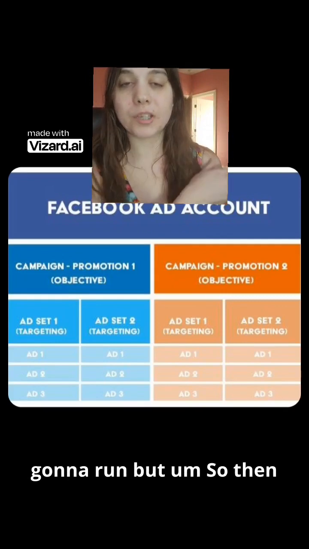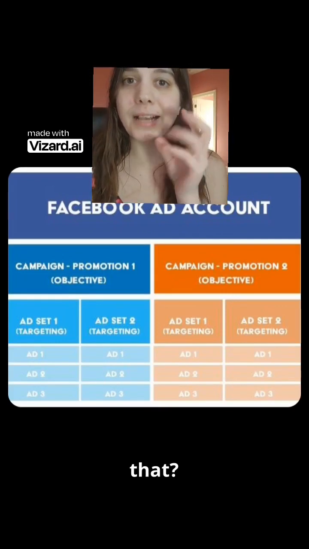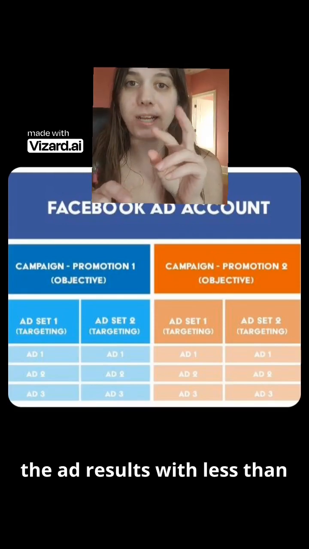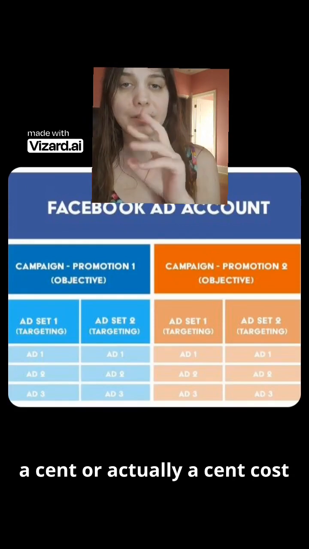But then you might be wondering, what do you mean by that? How do you see people show ad results with less than a cent, or actually a cent, cost per click?